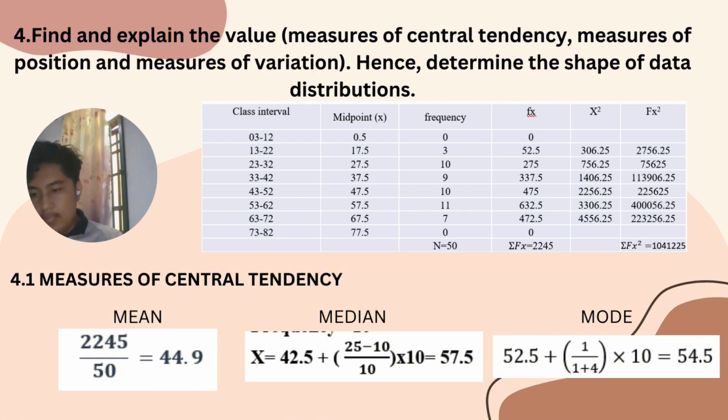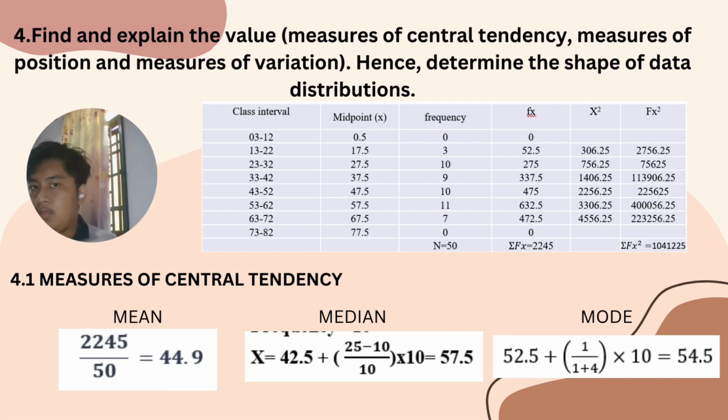Therefore, the median class is 43 to 52. Next, you need to find the lower class boundary, which is LM, and that is 42.5.